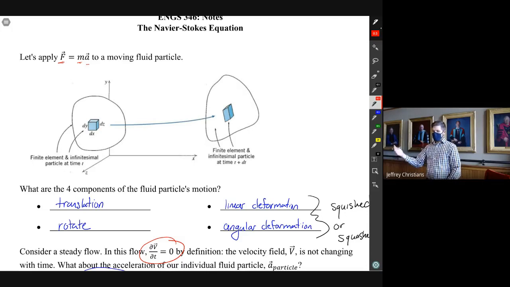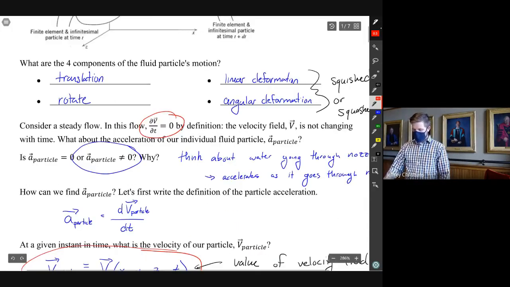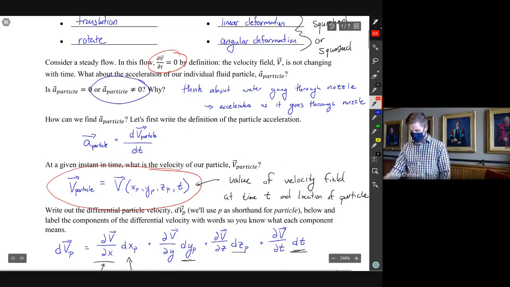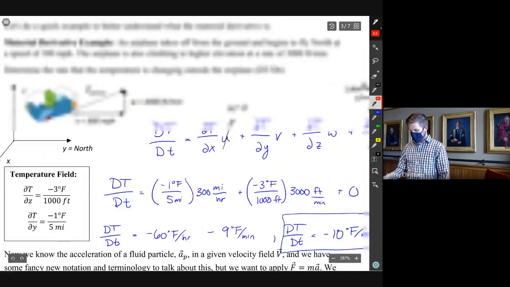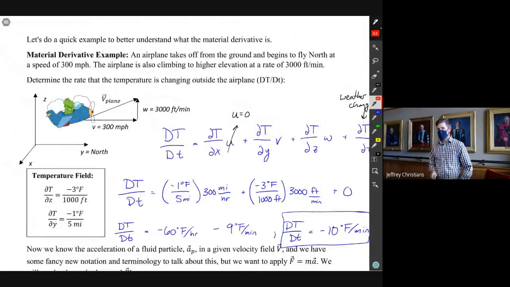What we built up last class took us the whole time, and we'll really spend the rest of today on the rest of this. We looked at what acceleration looks like. A useful analogy is thinking about a temperature field rather than a velocity field.